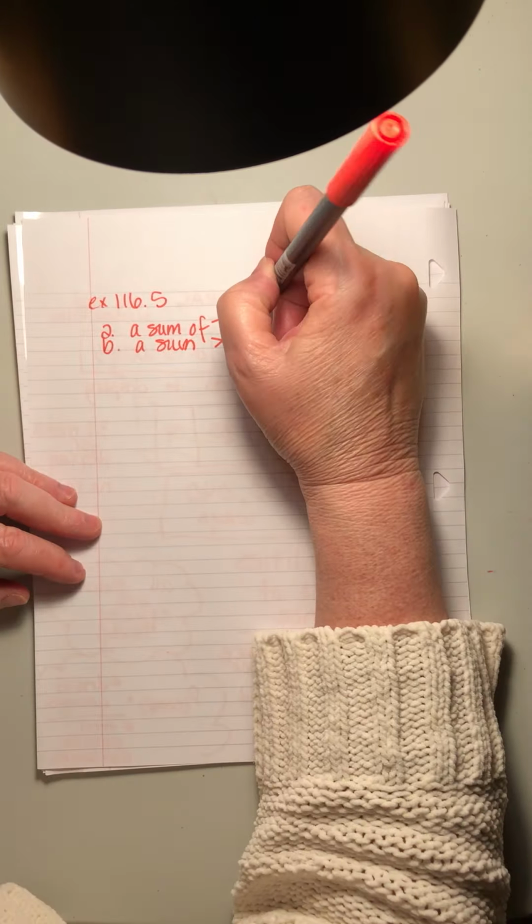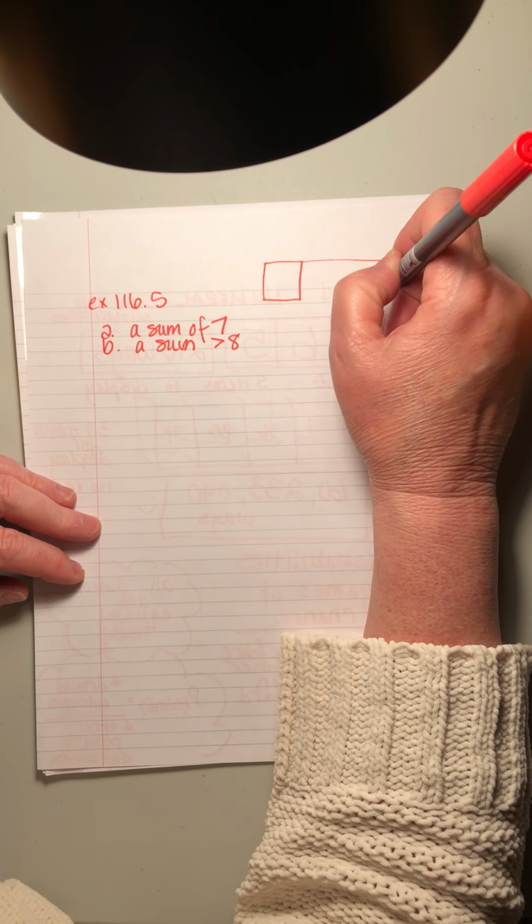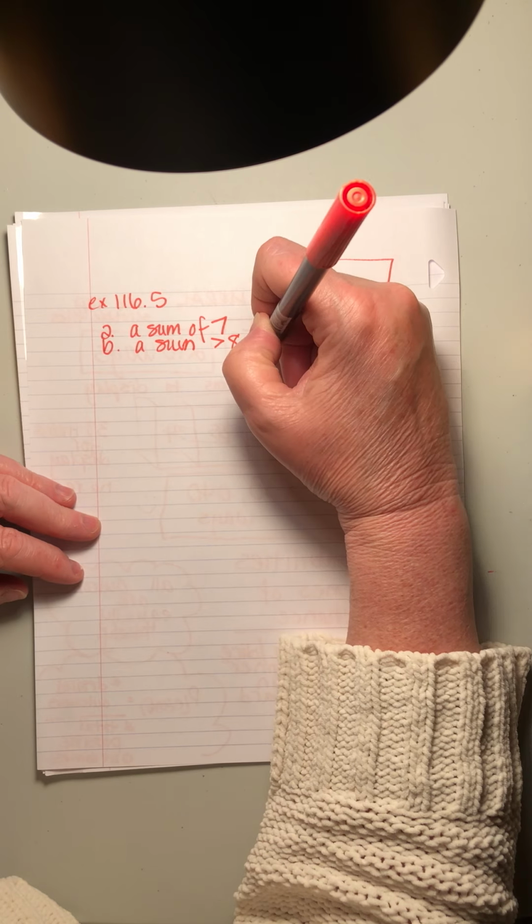All right, now what we usually like to do in these problems is draw a picture of what's happening, right? If we were rolling just 1 die, I would barely think we need to draw a picture because it would look kind of like this.